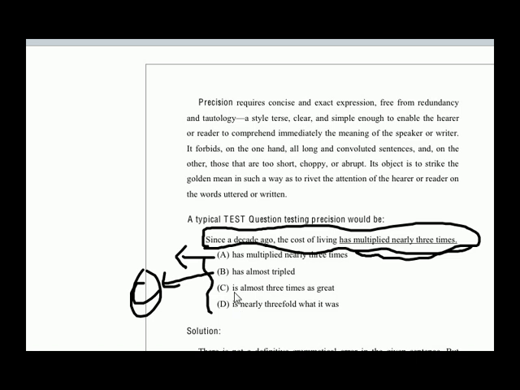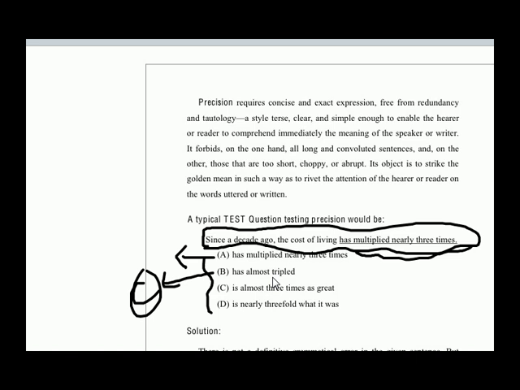Let's talk about the fourth one. Since a decade ago the cost of living is nearly 3-fold what it was. Again, it's a bit awkward the way it's constructed. So the two choices that could potentially be correct is the first one, which is no change, or the second one, which is more concise.